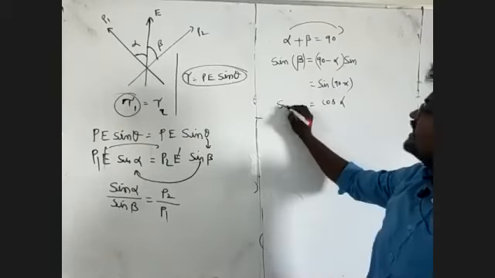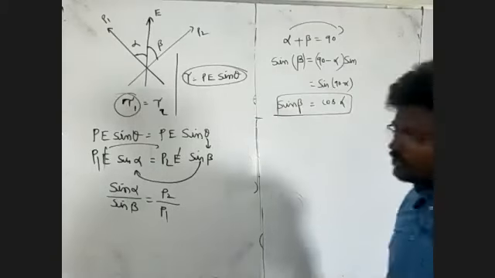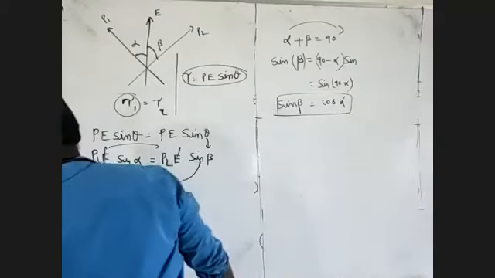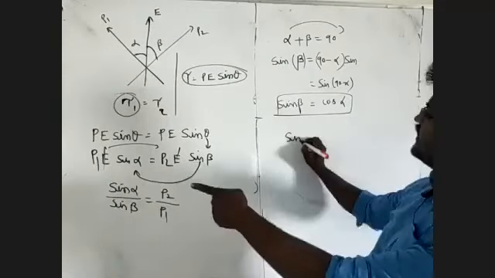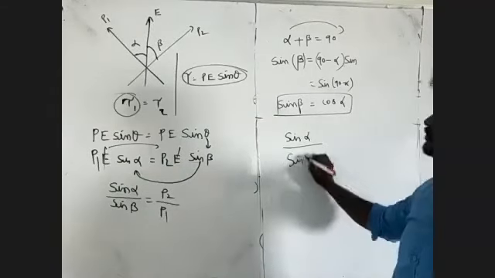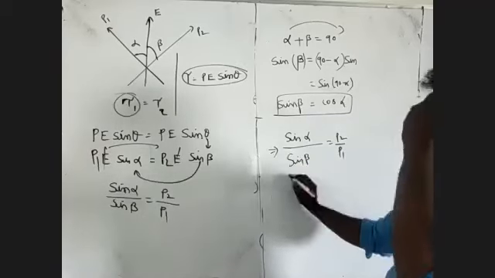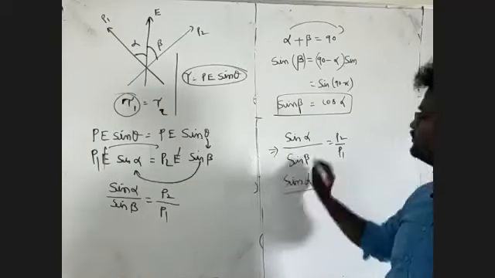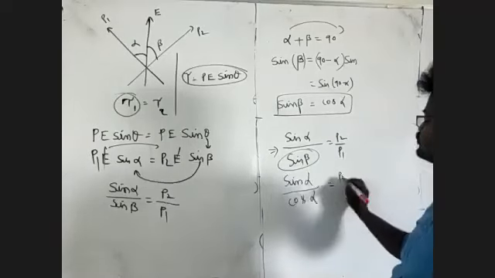So sin beta is equal to cos alpha, and sin alpha by sin beta is equal to P2 by P1, so sin alpha by cos alpha is equal to P2 by P1.